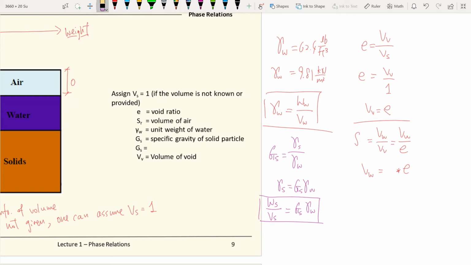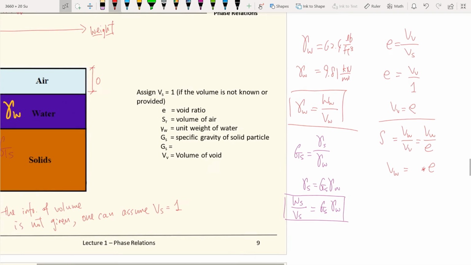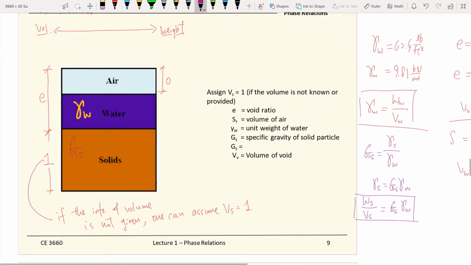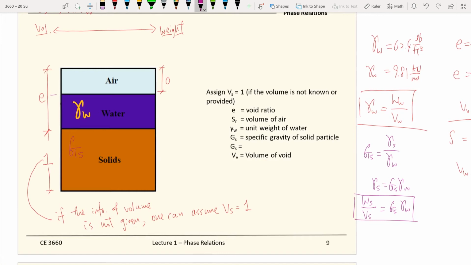Previously I said there's a simple S, so I need to be consistent. So the volume of water now is S times e, the saturation times the void ratio.